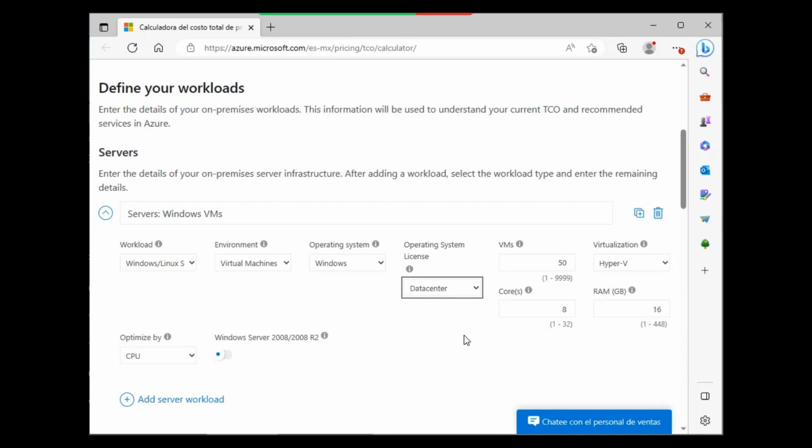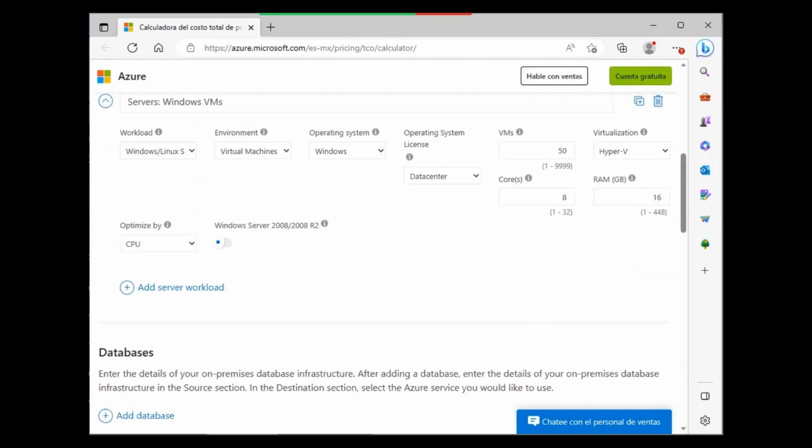This is the operating system licensing. No change. Optimized by CPU. Windows Server 2008 R2, and that's covered. That's it for the server workload.